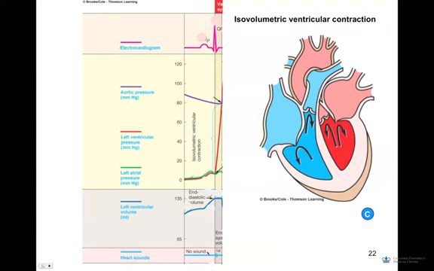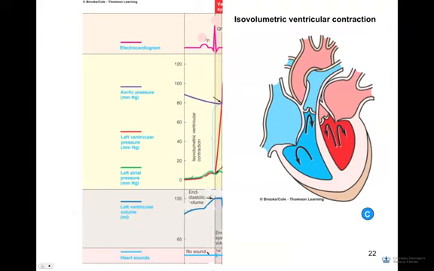Okay? And the volume that is in the ventricles at the end of diastole, the beginning of ventricular contraction, we call that volume end diastolic volume. This is a very important volume. Okay? This represents the extent of ventricular filling.